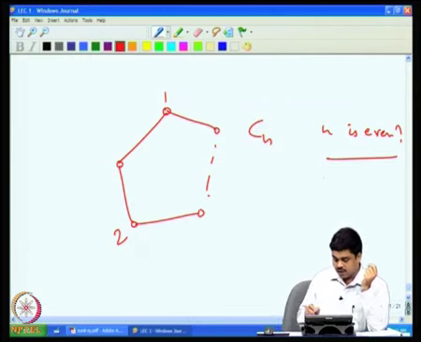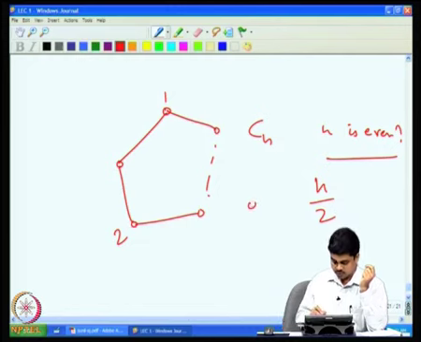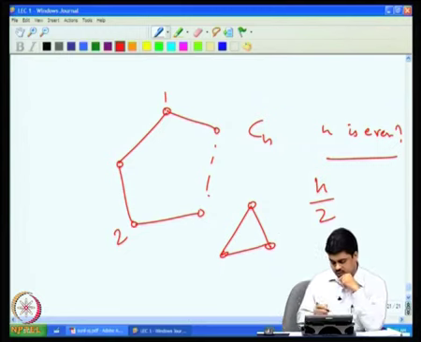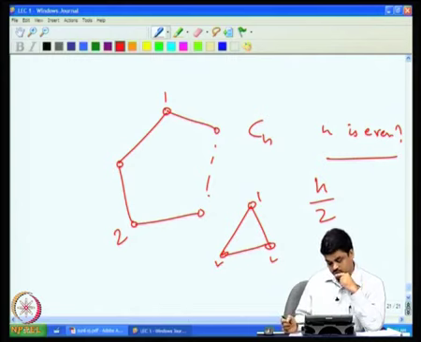So we will get n by 2. When n is odd, for instance, we can consider this 3 vertex graph. Here we take 1, and then we cannot take this or this. So 3 by 2 floor is the answer.